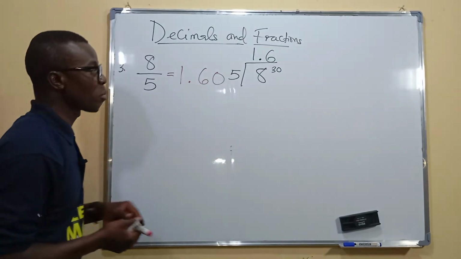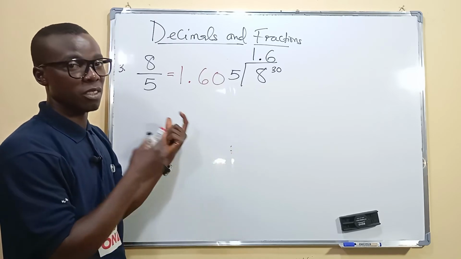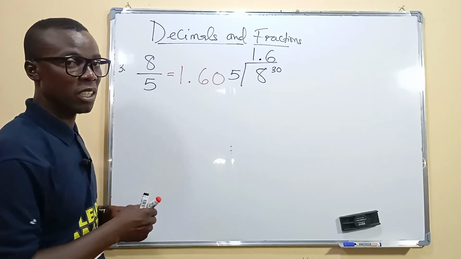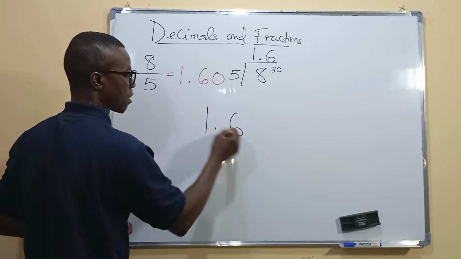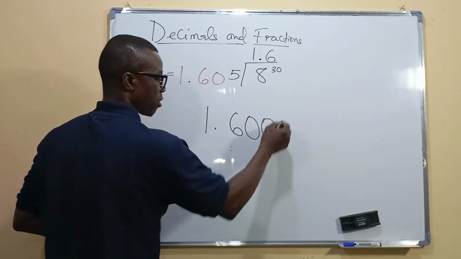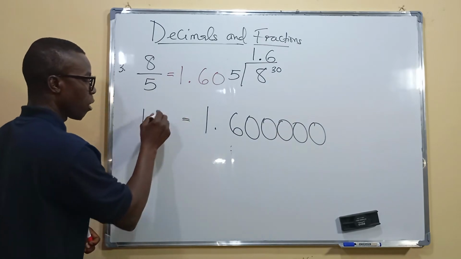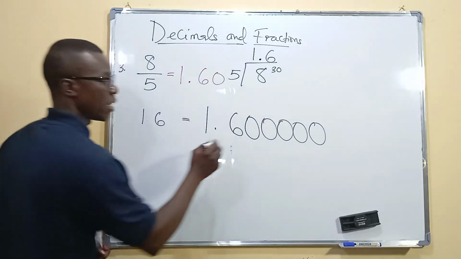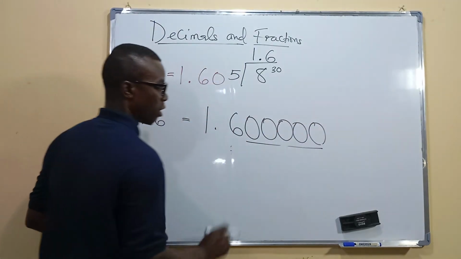Now, when you keep adding zeros to the decimal fraction part, it does not change the decimal. What am I simply saying? Take, for example, we have 1.6 here. When I add several zeros to this, it doesn't change it. It's the same as 1.6. This can be ignored, of course.